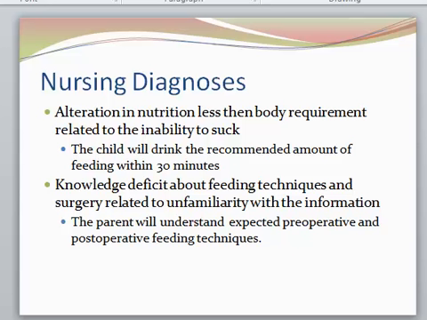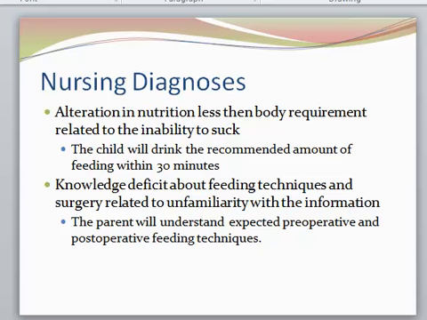I&O is very, very important with these little kiddos. Weight is very important. Making sure that they take care of the surgical site afterwards and have the correct directions for it, and it goes over that in the nursing care plan as well.